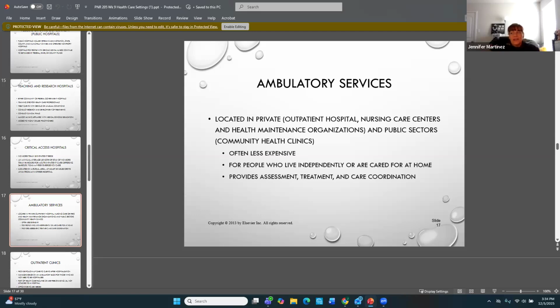The goal here is that ambulatory services offer less expensive care. We're not putting them in the hospital, so those costs aren't going to be as high. They come for assessment, treatment, care coordination, monitoring, evaluation.